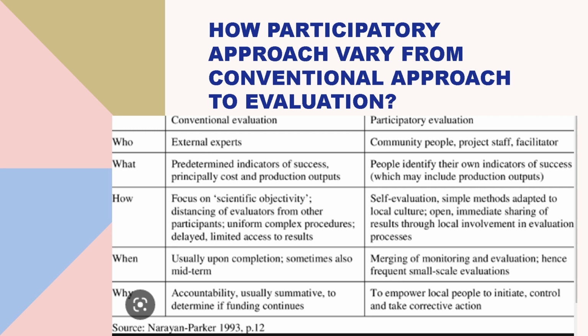Conventional evaluations are done for accountability, usually summative in nature, or to determine if funding continues. However, for participatory, we do this to empower local people to initiate, control, and take corrective action. So these are the variations between conventional and participatory approach.